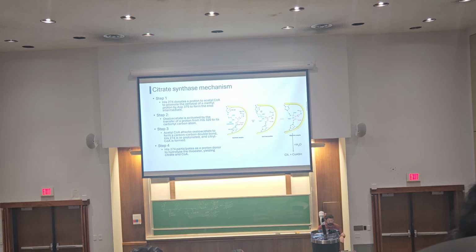Step 1, histidine 274 donates a proton to the acetyl coenzyme A, and this promotes the removal of the methyl proton by aspartate 375, sorry, my numbers mixed up, right? So here, histidine 274 donates a proton, which promotes the removal of one of these methyl protons by aspartate 375, which again is kind of weird, because how do we expect aspartate 375 to behave?